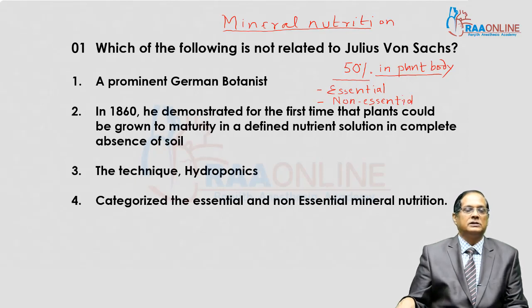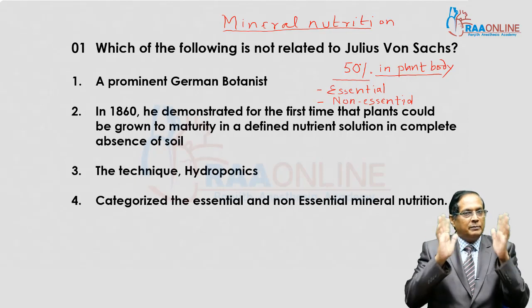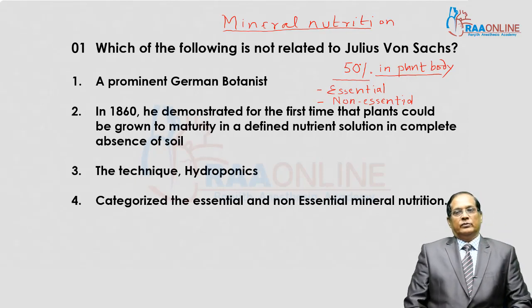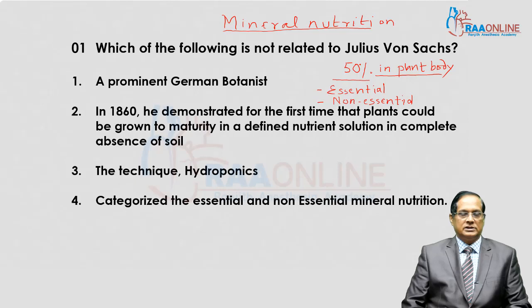That is, elements in plants are kept under two categories: one, essential, and two, non-essential.